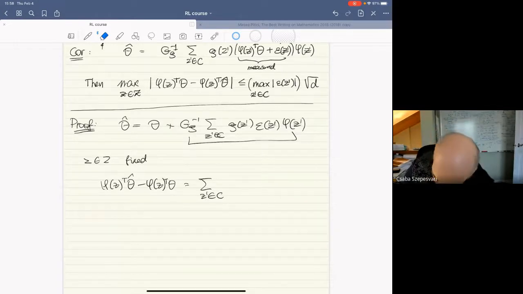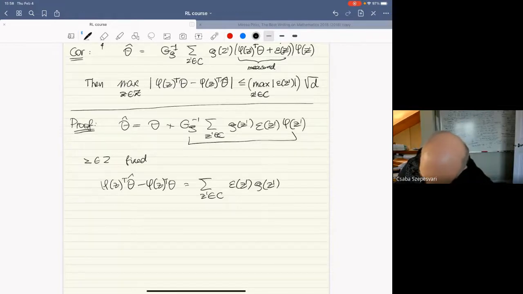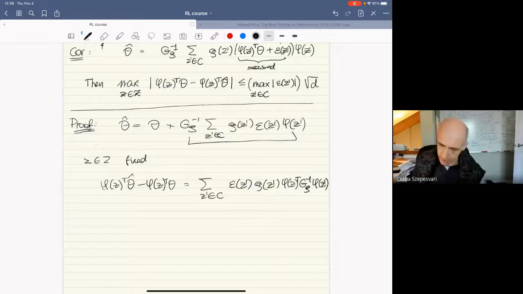So there is the error, there is the weighting, and then there is phi z transpose G inverse and phi z prime. Okay, so this is just an algebraic identity so far.